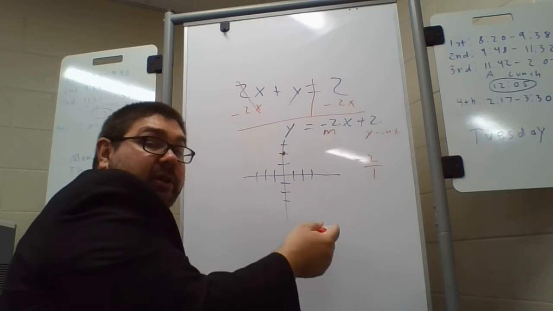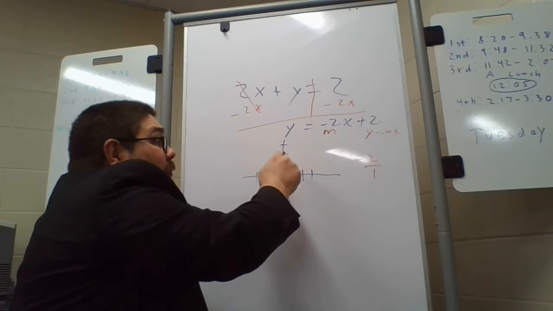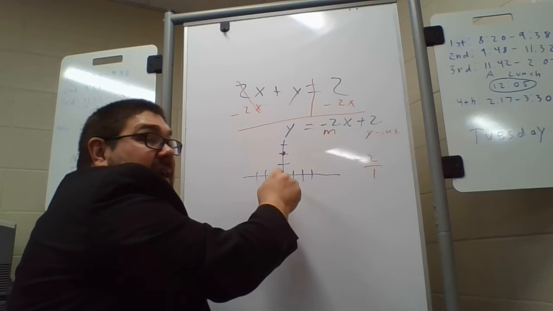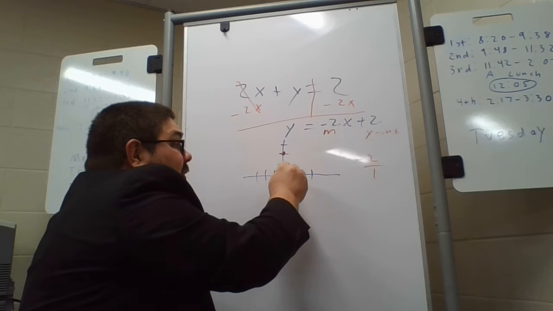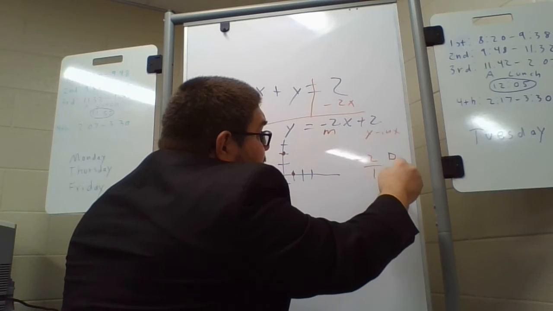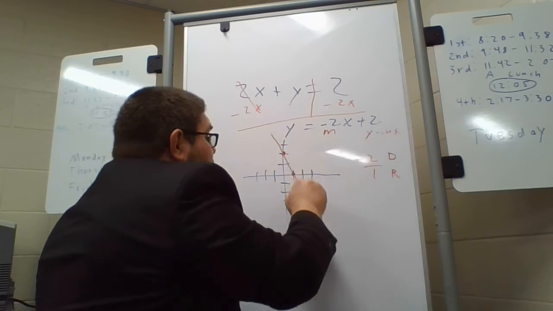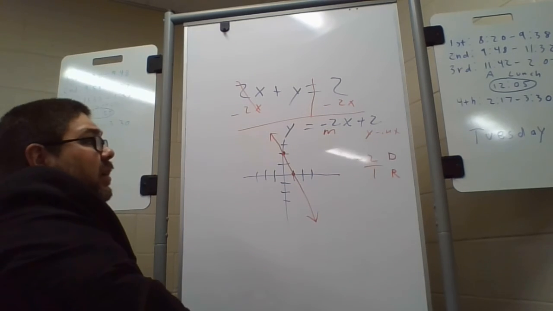I don't have room to go up 2 on my graph, so I'm going to go down 1, 2, and then over 1. It's a negative, so I go down and to the right 1. Make a line that goes through both points, and you're done.